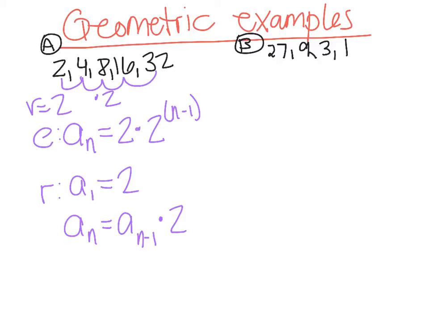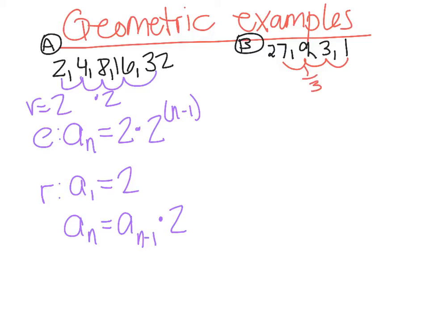Now, if we look at example B, 27, 9, 3, 1, well, you could say I'm dividing by 3, which in fact I am, but remember from the previous slide, we're not dividing anymore. We're multiplying. So the same thing as dividing by 3 is going to be multiplying by 1/3.